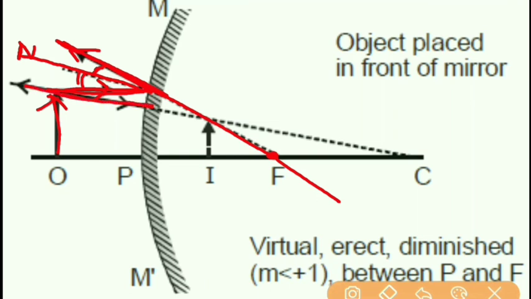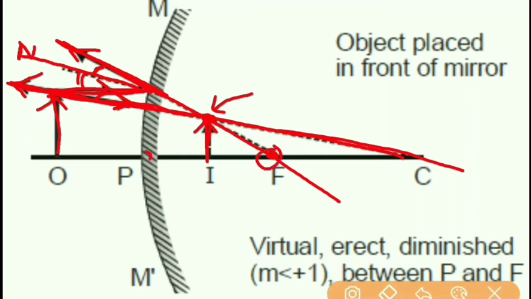You can see this ray is directed towards the center of curvature. So the reflected ray will be along the same line, incident and reflected. But when this line is extended backward towards C, the two rays, the previous one and this one, appear to meet at this point, and so the image is formed here. So the image is formed between F and P.